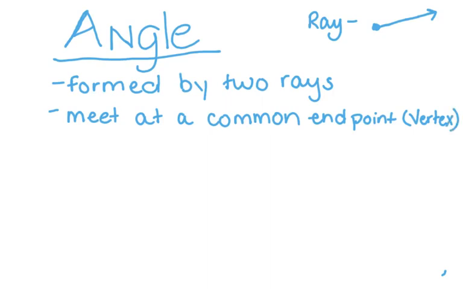Okay? All right, now, an angle is represented by a symbol. So the symbol for an angle, we'll write it in a different color. It looks like this. It looks like a little bitty miniature angle. Okay, so that's the symbol for an angle.